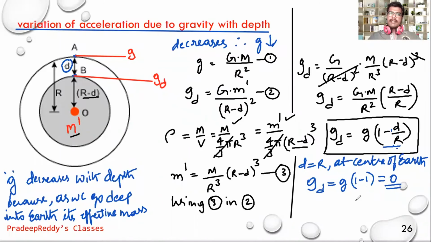So acceleration due to gravity at the center of earth is 0, and from the center, if you are going out towards the surface of the earth, it increases, and beyond that acceleration due to gravity will decrease. These are the important points regarding acceleration due to gravity variation with depth and height.